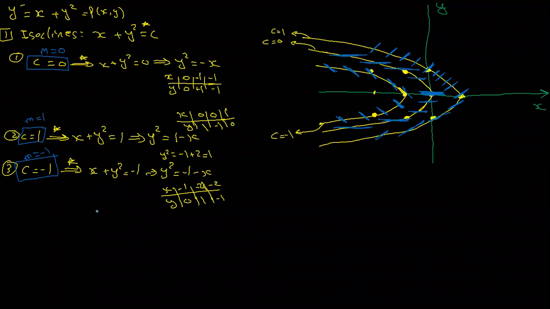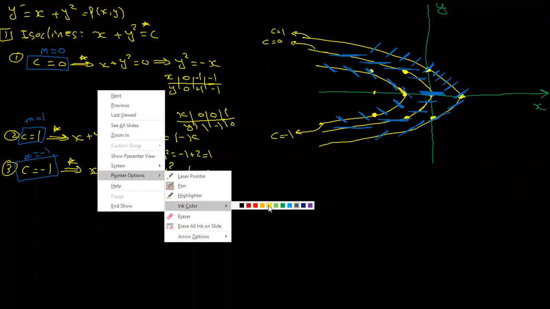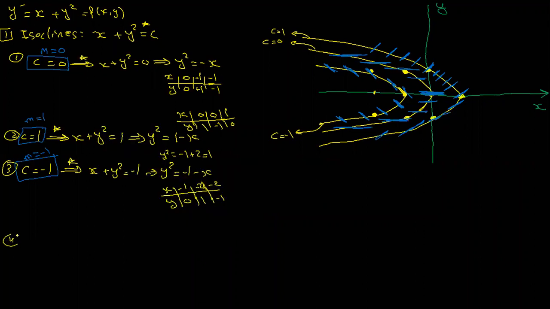Now, let me go back to my C's. I'm going to choose my C now to be, so the fourth C is C equal 2. That will give me equation star, x plus y squared equal 2, and that means my y squared equal 2 minus x. And to draw it, I'm going to choose the table here.